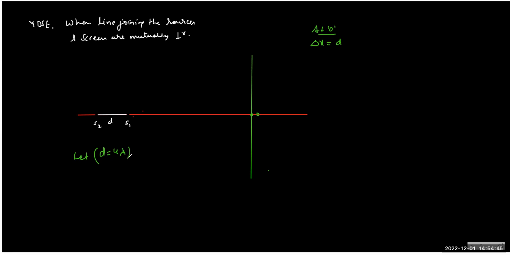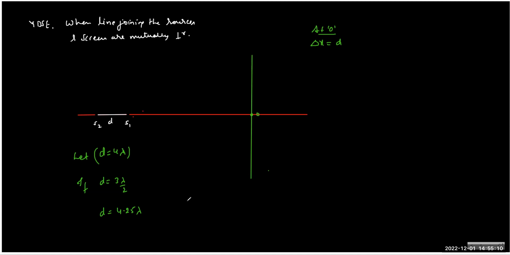Yes, sir. But if I take D equals 3 lambda by 2, it will become a minimum. And if I take D equals 4.25 lambda, it is neither maxima nor minima, because we cannot say anything now. So what will happen at O?